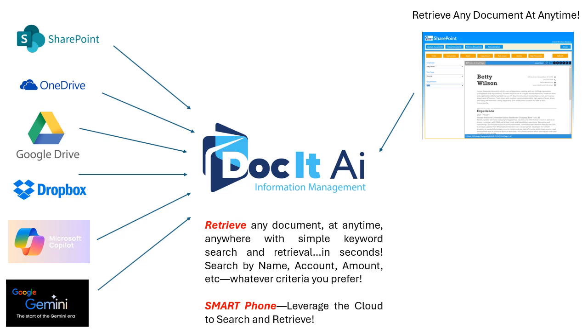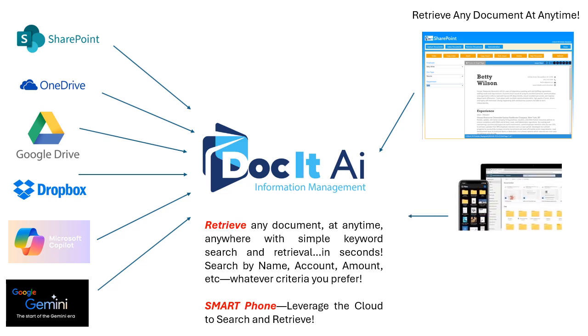So for example, you're an HR person and you need to search by a person's name, maybe you need to retrieve their resume. Maybe you're looking for just standard files and folders that you've now classified in an index and you have your phone with you and you're a road warrior, whether you're a salesperson, insurance agent, an attorney, or an accountant, but you need a document that you don't necessarily have in your hand or in your briefcase.